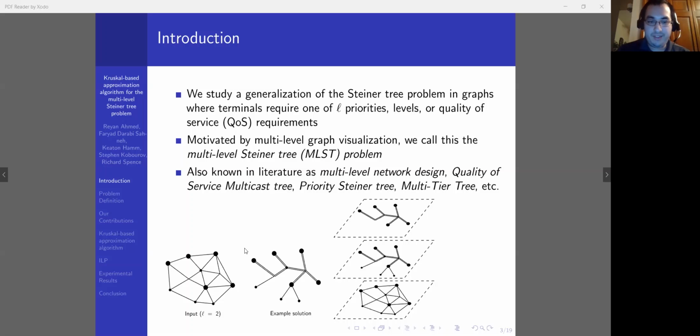In this example solution, we have the 5 terminals, say with priority 2. They are connected using edges with a higher rate or a higher cost. We'll formally define this problem in the next slide. The drawing on the right shows an equivalent multi-level visualization of this example solution with the input graph on the bottom.